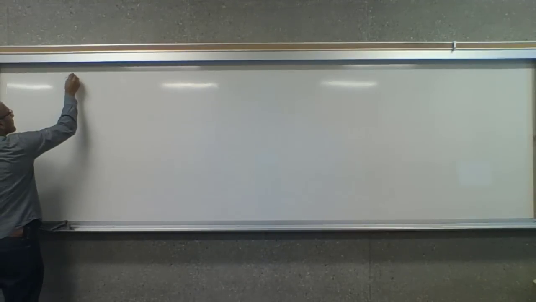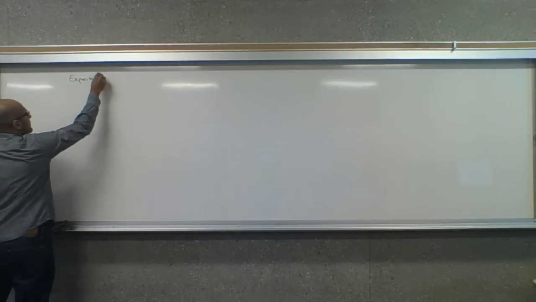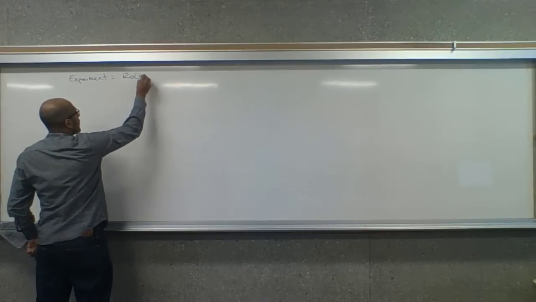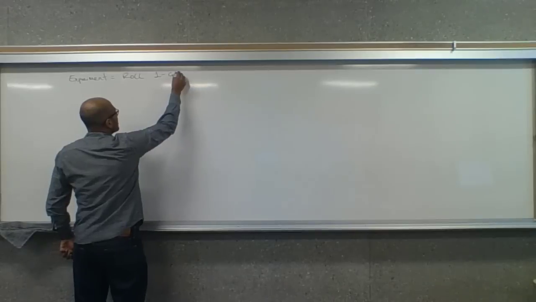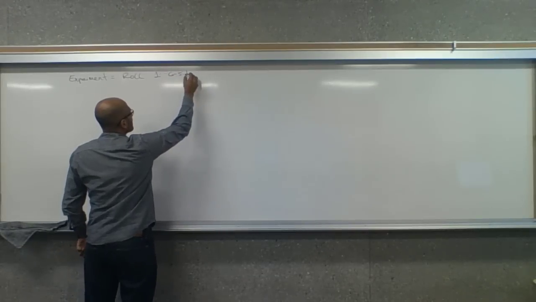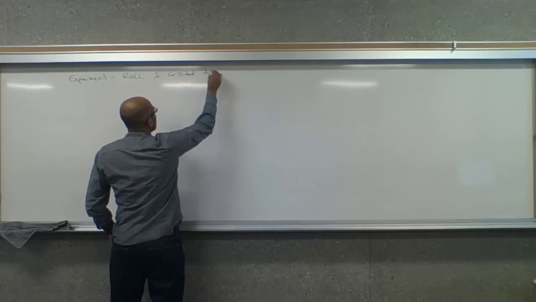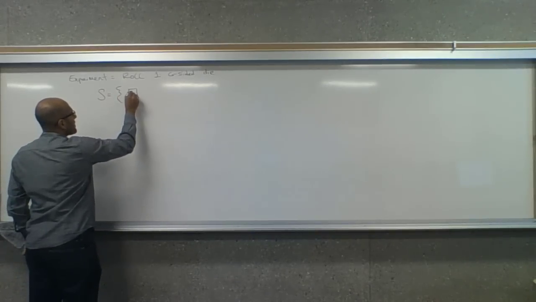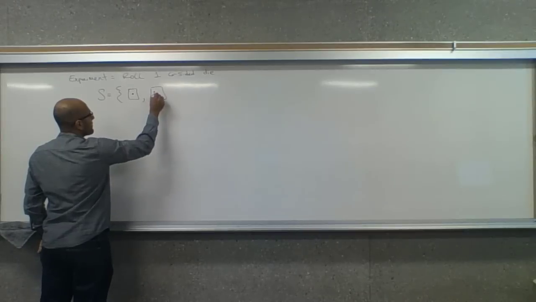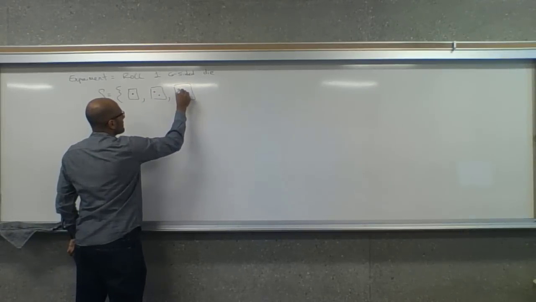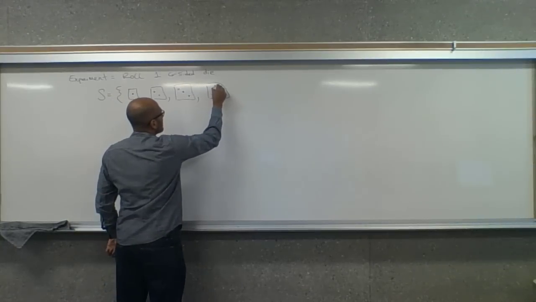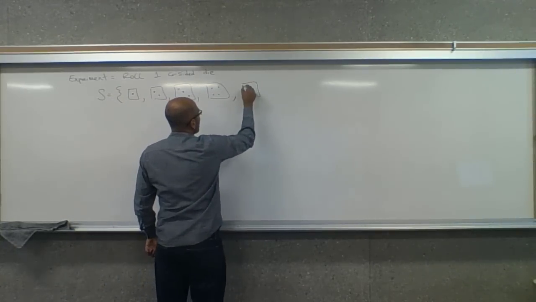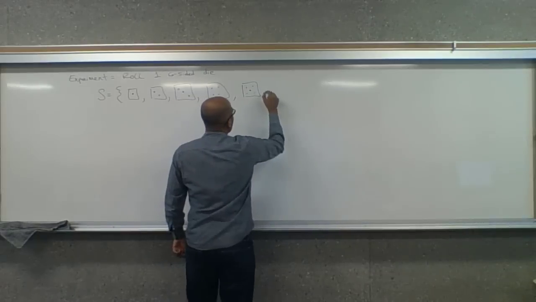So let's say that the experiment is to roll one 6-sided die and record the outcome. Okay? So our sample space S is going to be that the die was a number 1, the die was the number 2, the die was the number 3, the die was the number 4, the die was the number 5, or the die was the number 6.